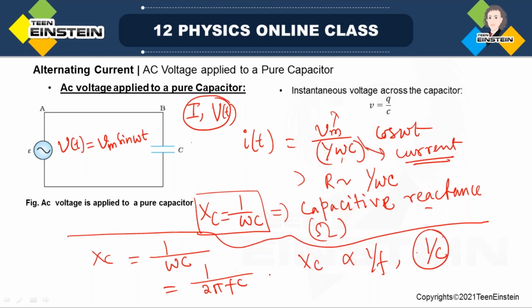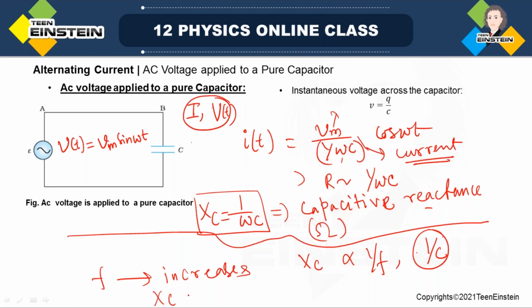Now look, if the frequency of oscillation of any signal is much larger, then as the frequency of the oscillation of the circuit increases, your Xc decreases.